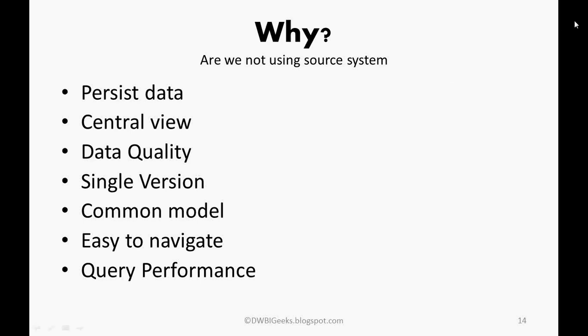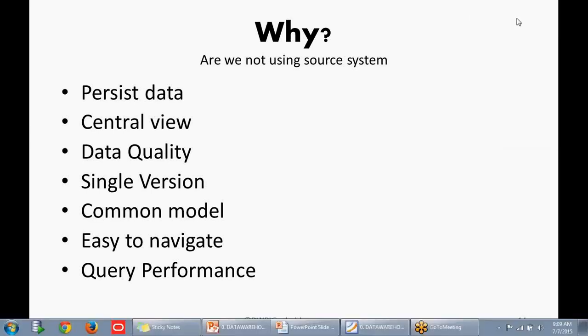The first factor that we need to consider here is persistent data. Source systems are designed in such a way that they will not have much capacity to withstand data that is more than a year old, or that spans 5 or 6 years.